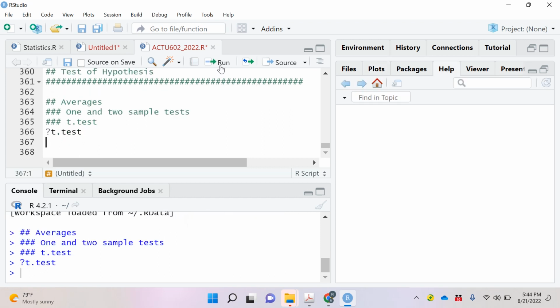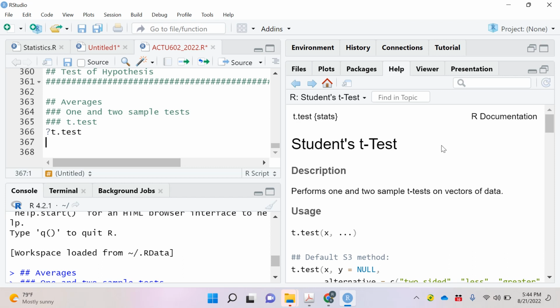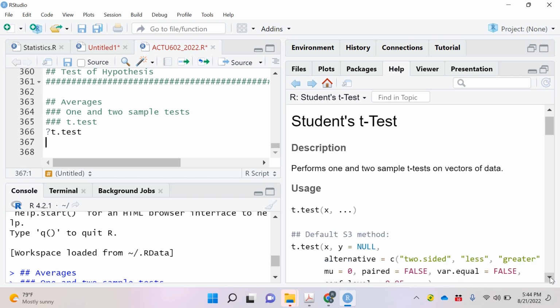We use just one function called t.test. If you come here, I'm assuming that we all have done statistics and we understand some of these things. But the simple explanation is that we may have one sample, or sometimes, you see, we look at the anorexia data, there is pre and post weight.